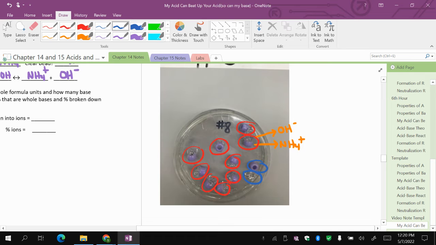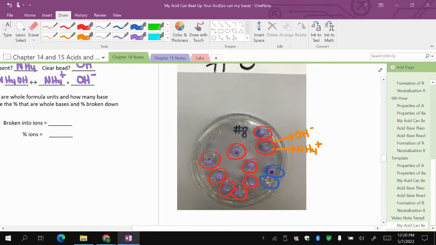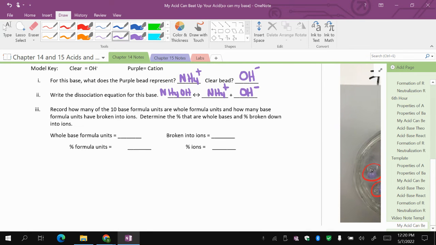So 9 whole base formula units. So 90% of them, because there's 10 total, 90% are whole bases. 1 is broken into ions. We had 1 ammonium cation and 1 hydroxide anion. And so 10% were ions.